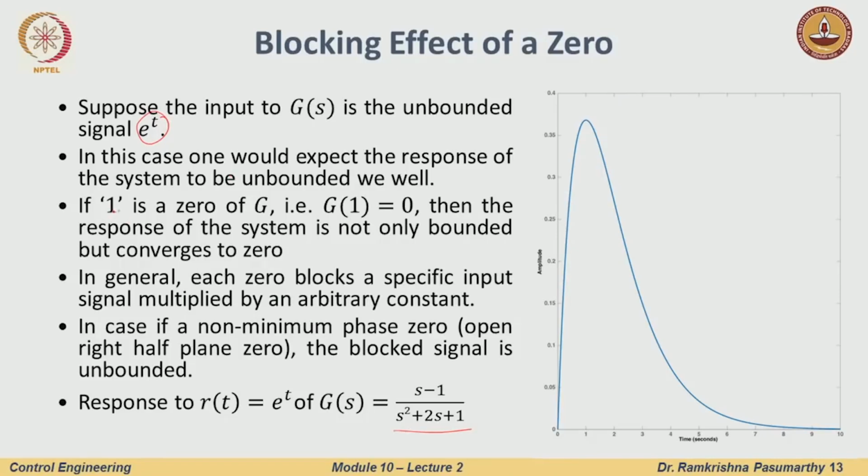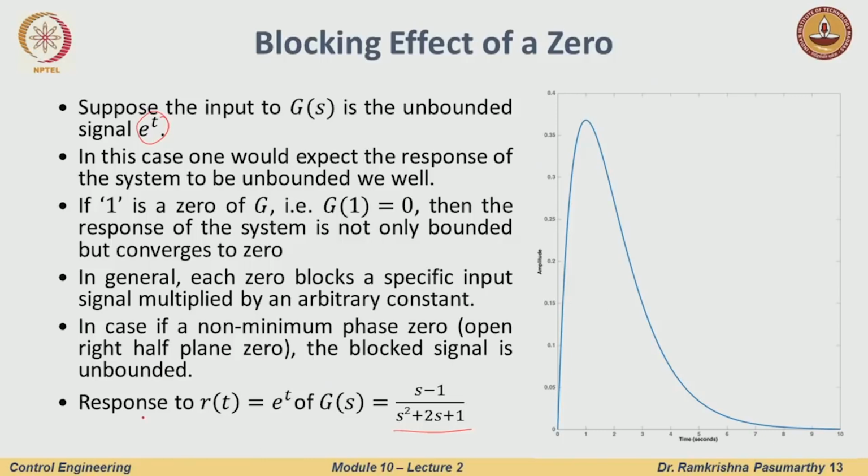Now, the number 1 is a 0 of the system, which means g of 1 is equal to 0. Then the response of the system, surprisingly, is not only bounded, but it also converges to 0, right? You can just see it in the plot. It again starts from 0, e power t is the input, and I just come back to 0.